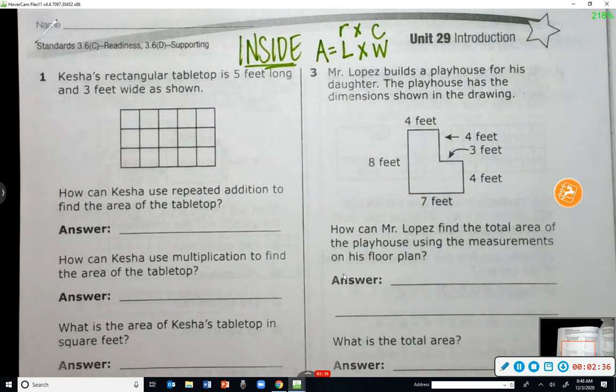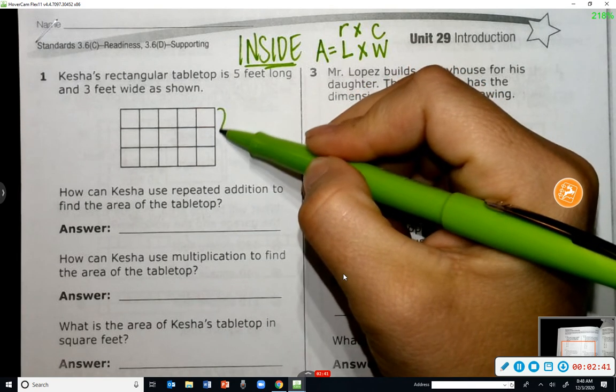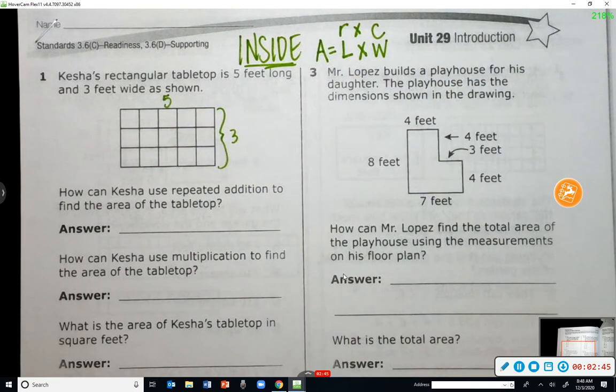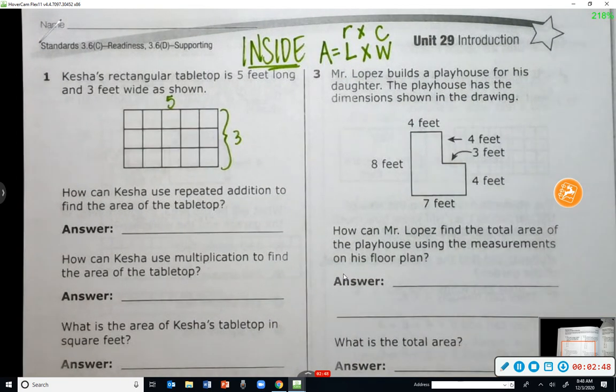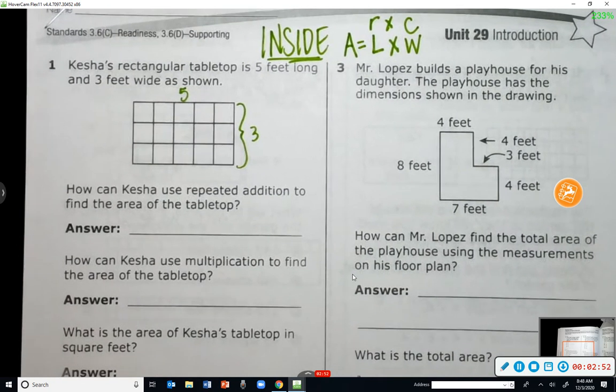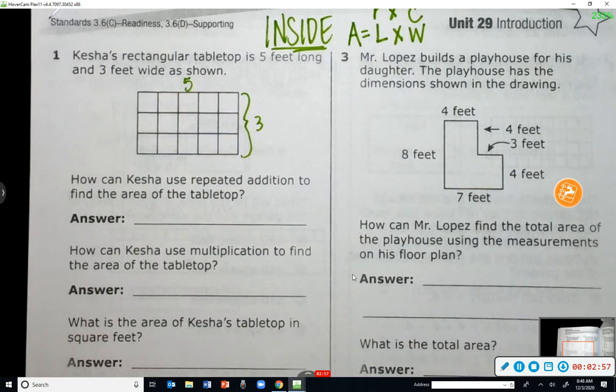Kaylee, how can I use repeated addition to find the area of this? So, no, repeated addition. So I would add 5 plus 3. Is that repeating anything? No. 5 plus 3 is not repeating anything.